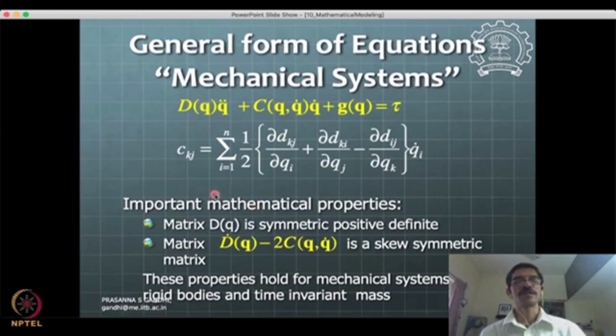So kinetic energy expressed as an explicit function of time is not considered in this derivation. That's why we cannot say these properties will hold for time varying mass. These are valid so far for time invariant mass. One can see what changes it may have, but that can be a matter of further discussion.